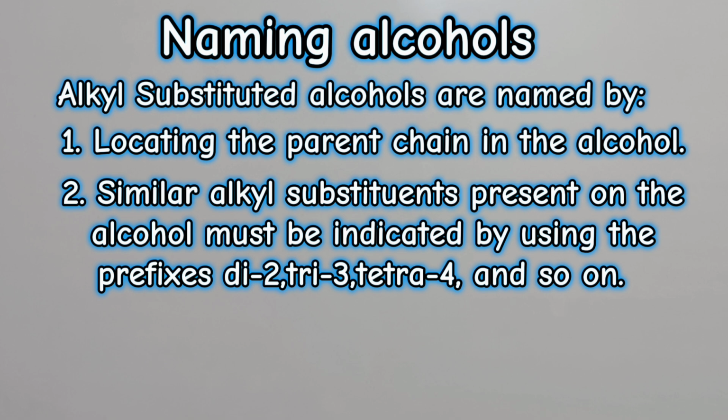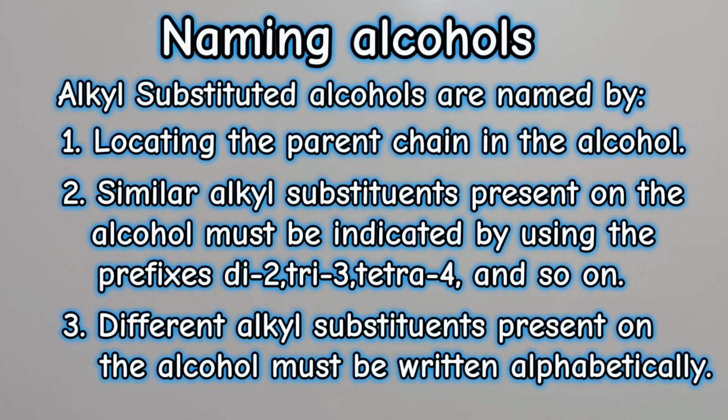The last guideline is that the presence of different alkyl substituents on the alcohol is indicated by writing these alkyl substituents in alphabetical ranking. We need to practice all the rules and guidelines that we have looked at above.